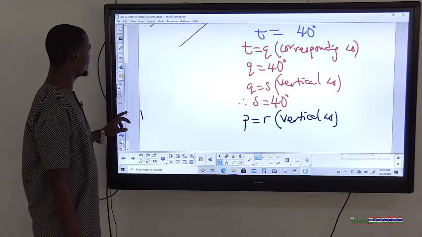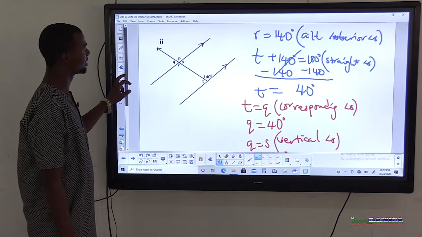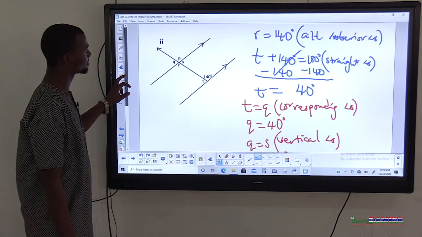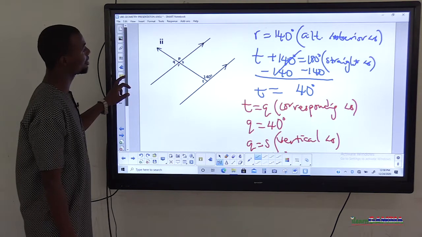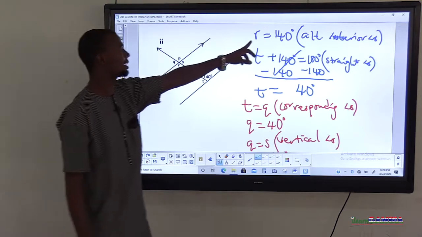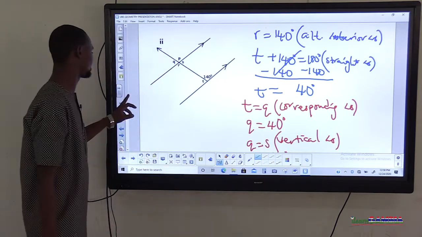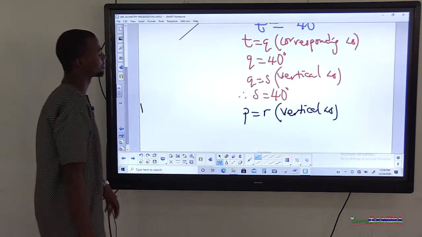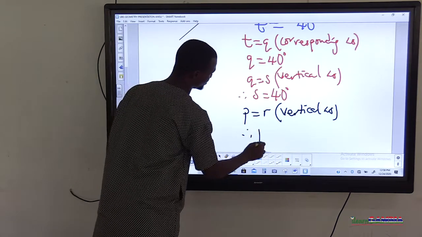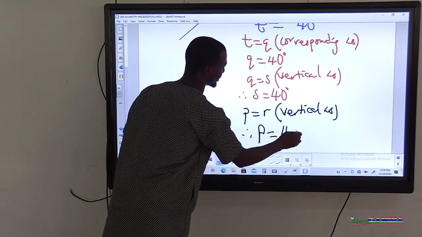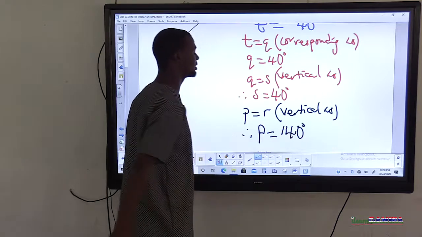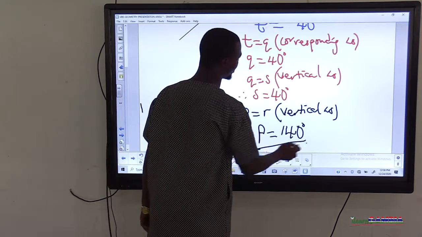What is the value of R? Sorry, R is equal to 140. So therefore, P is equal to 140 degrees.